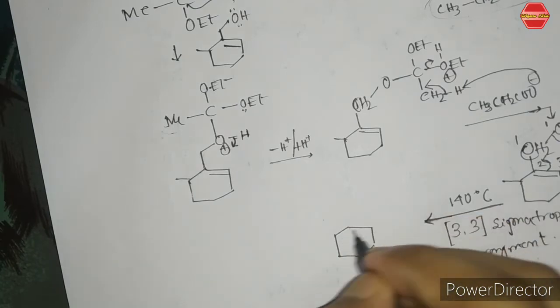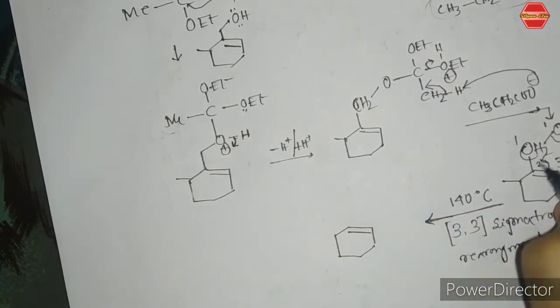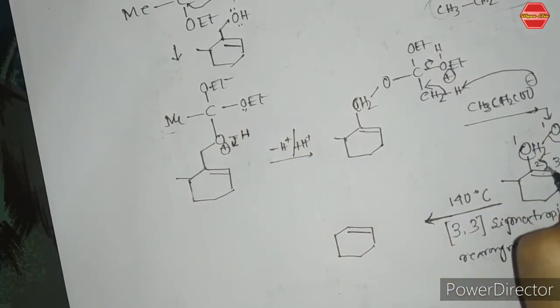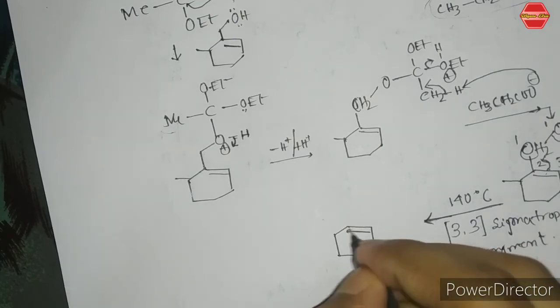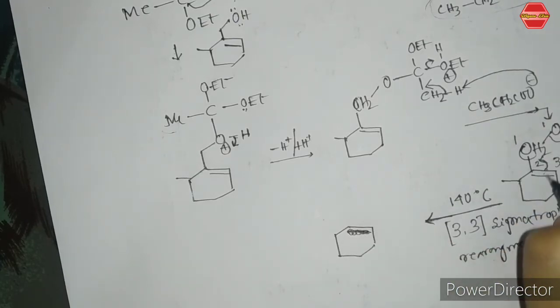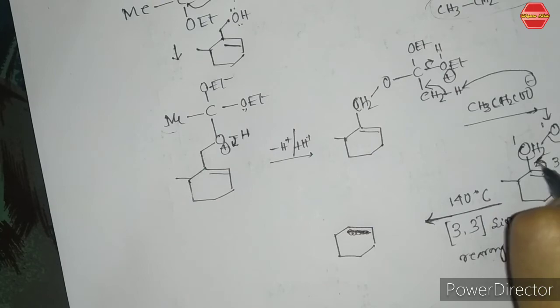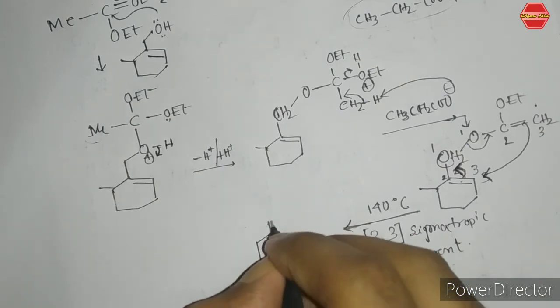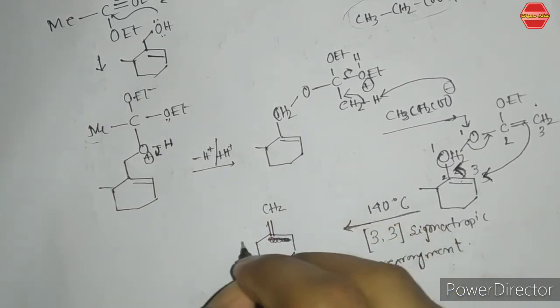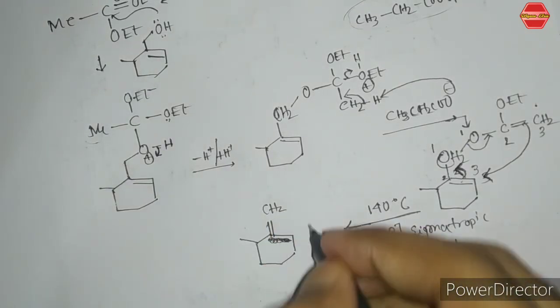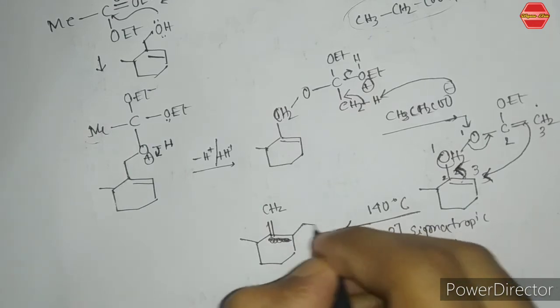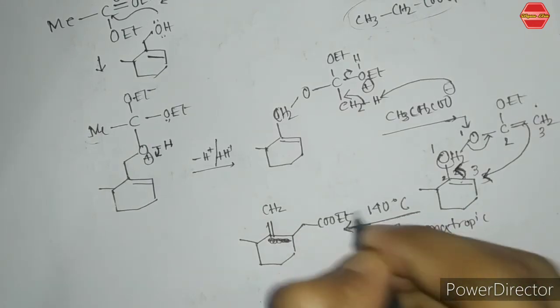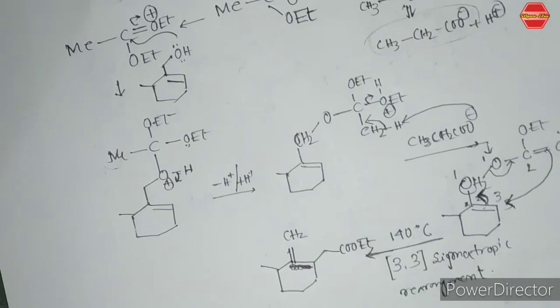Now your actual product is: here this bond is not there, just because of this heat this bond migrates to this side, number 2 I am writing over here. Now there is a CH2, there is a methyl group, and this is a CO2Et. Now this is your final product.